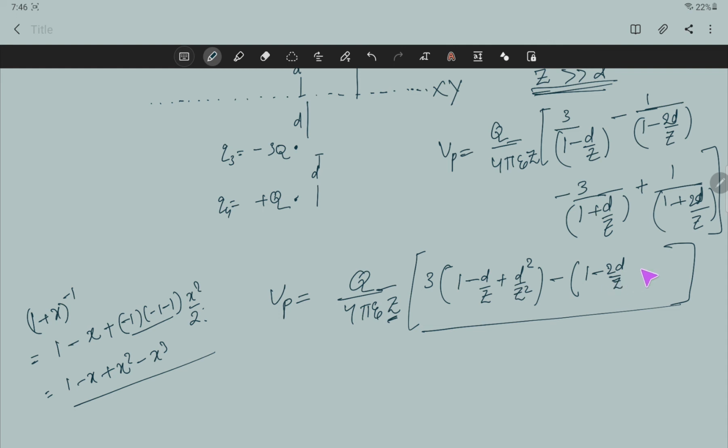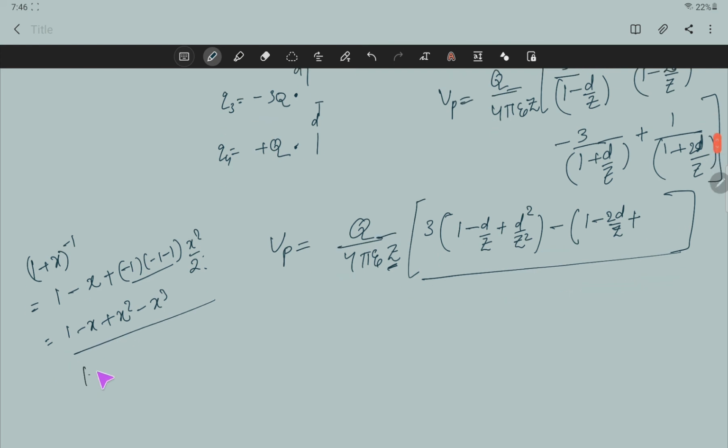So this is the second term, and the third term will be positive. So if we do 1 minus x to the power minus 1, that will be 1 plus x plus minus 1 times n minus 1 x square upon 2 factorial.